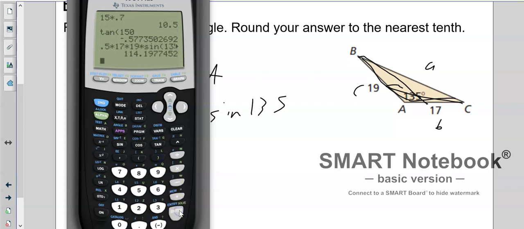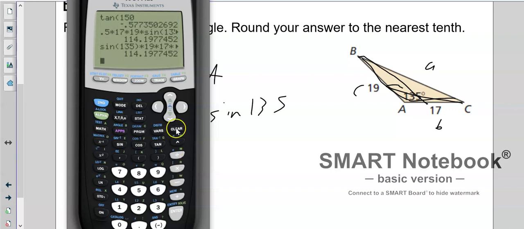But if you put it at the beginning, like if you went opposite, sine 135, you have to close the parentheses. Because if you don't, all those other numbers you do times 19 times 17 would be the sine of that huge multiplication number, which doesn't even make sense. So you can go in this order also. It doesn't really matter, but you have to close the parentheses if you do the sine first.